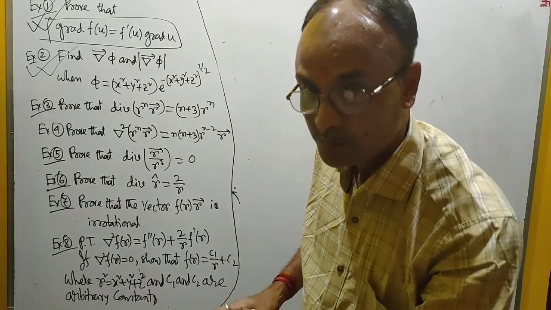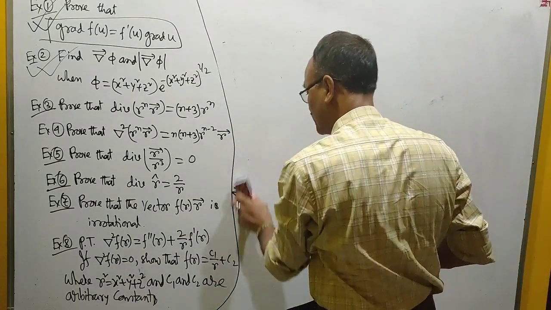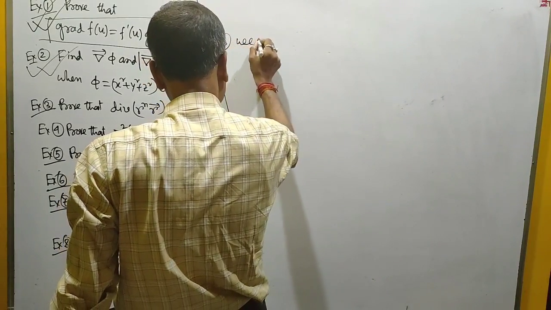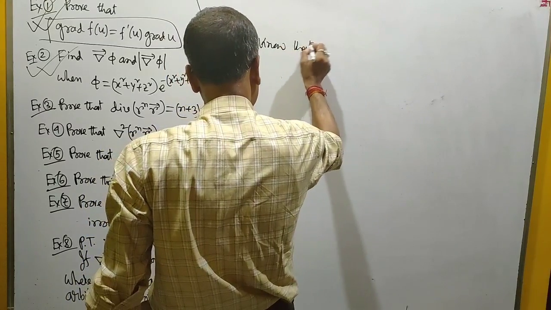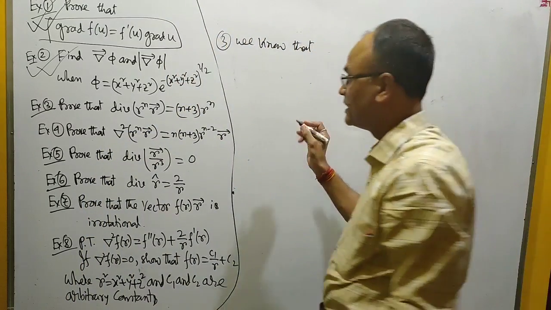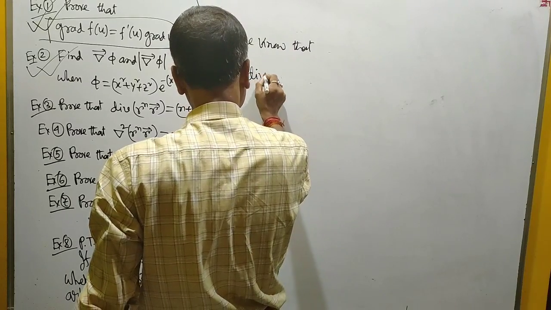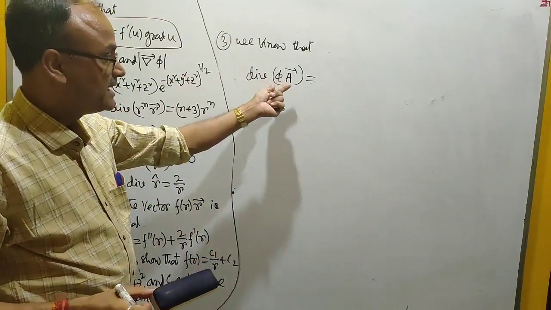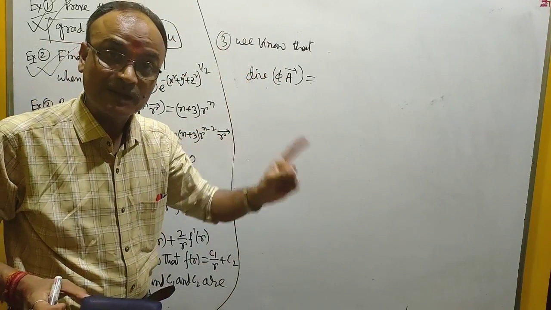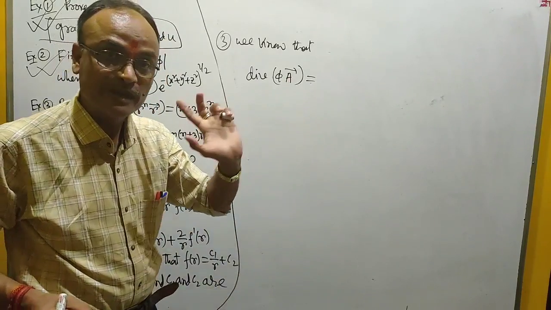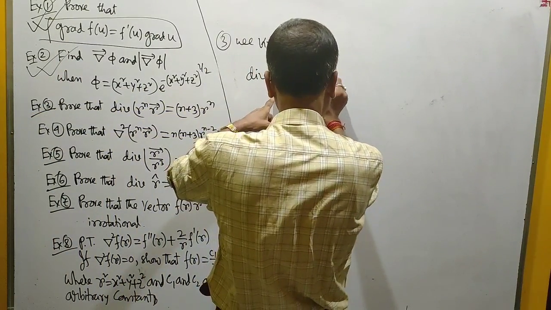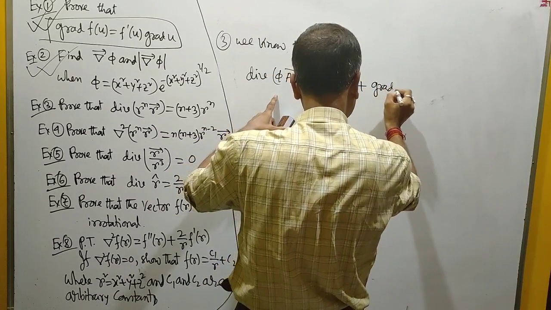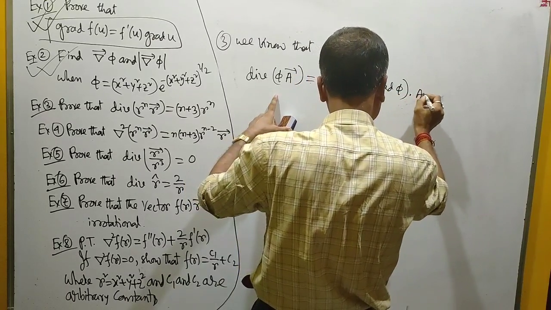Before going to prove number 3, let me remind you of one identity, which has been established in the previous class. Divergence of phi A vector, where A is a vector quantity, and the result will be a scalar, is equal to phi divergence of A plus gradient of phi dot A vector.